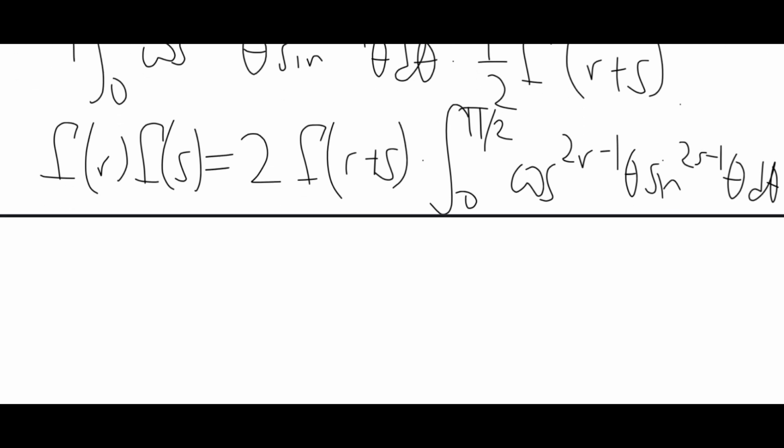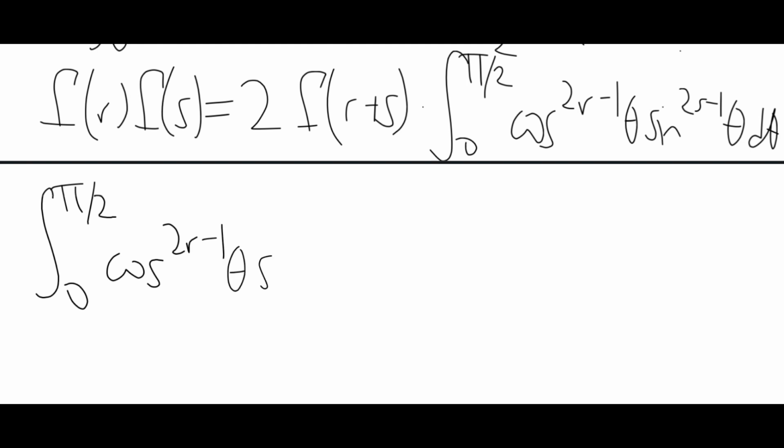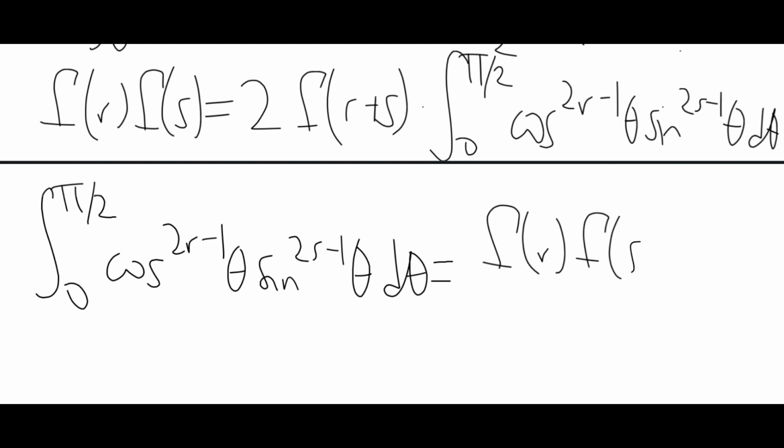So if I want, I can isolate that integral. And I get gamma of r, gamma of s over 2 gamma of r plus s.